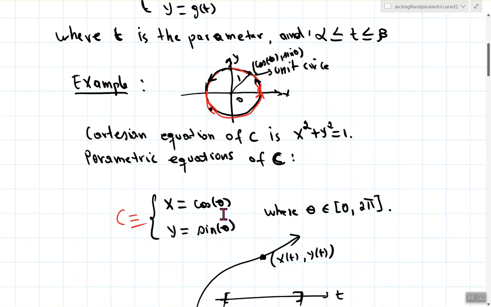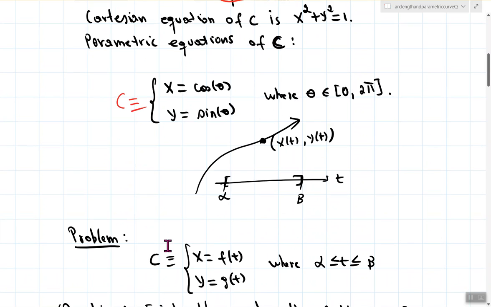So theta is the angle, and the angle is between 0 and 2 pi. So for the circle, we have these two parametric equations that represent it. Its Cartesian equation is x squared plus y squared equals 1, and its parametric equations are x equals cosine theta, y equals sin theta, and theta is between 0 and 2 pi.